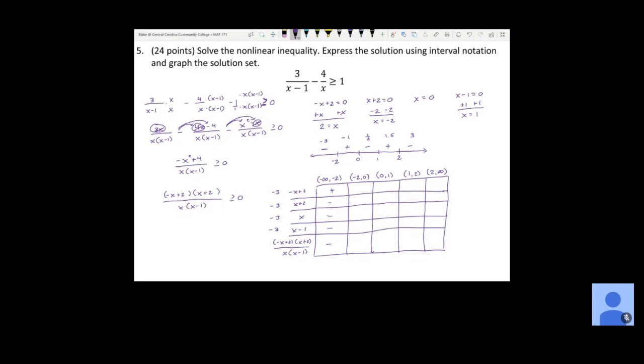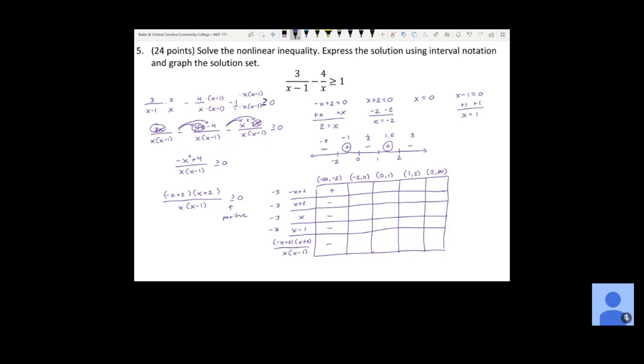Now, once we have that, do we want positives or negatives this time? We want positives because I go back to here and I say I want this to be greater than or equal to 0. That tells me I want my positive intervals. So I look back at my number line. I've got a positive interval here and a positive interval there.